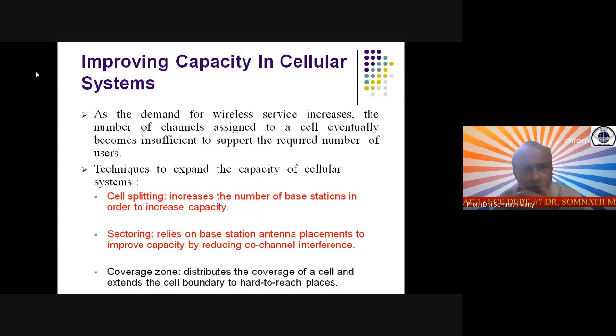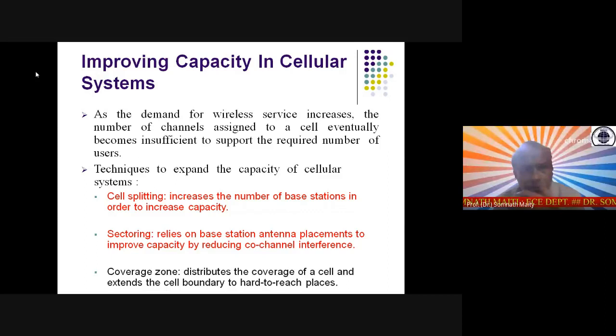Any particular cell has a particular capacity. It can serve, let's say, only an allocated number of users. But if there is a sudden or increasing demand of customers, how to solve this problem?